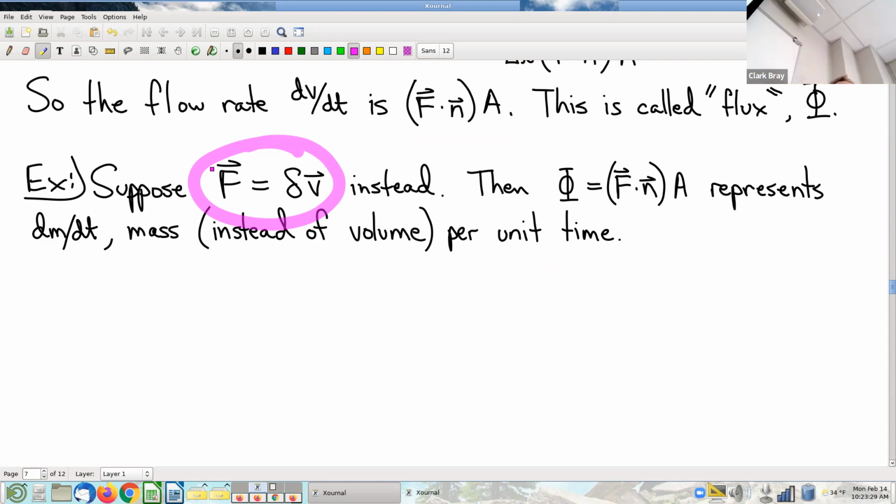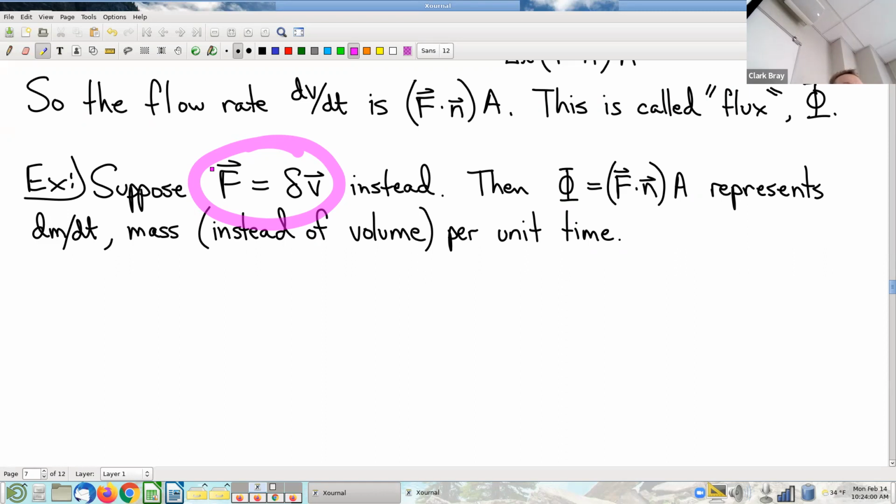So if you're interested in the number of birds that are flying through some surface for some reason, not that we're catching birds, but still, if you're interested in how many birds are going through a window into your house, for example, the density of birds, how many birds per unit volume, matters a lot.